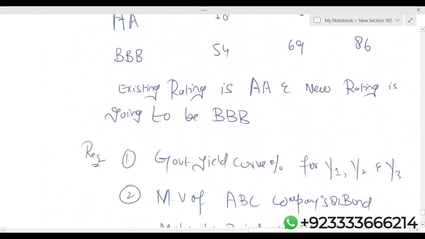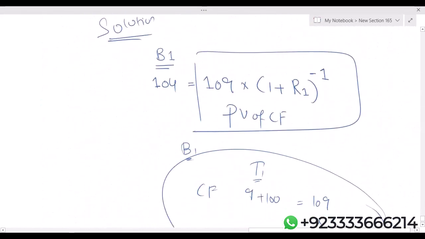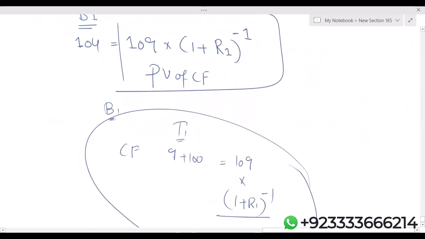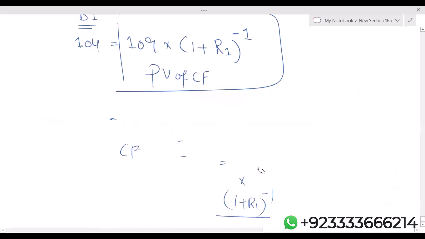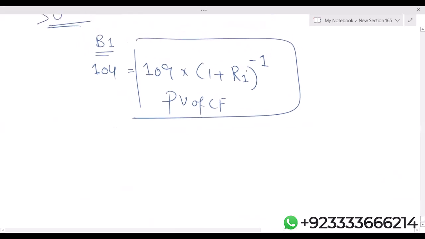Okay, now come here. Bond 1, maturity period is only 1 year. I need to calculate this R1. So please, you have to be a little bit good in maths, of course.